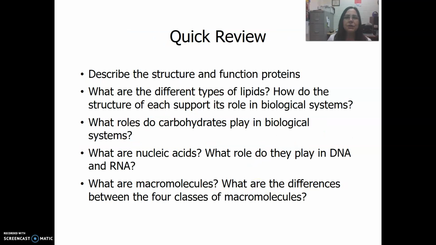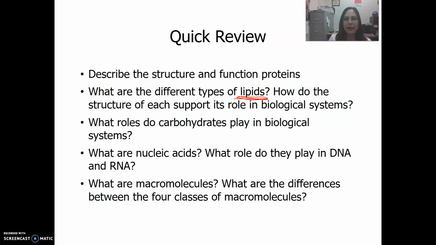Quick review: the structure and function of proteins. The monomers of proteins are amino acids. And then there are 4 levels of structure. Don't forget to review the primary, secondary, tertiary, and quaternary levels of structures. The different types of lipids, we learned oils, fats.